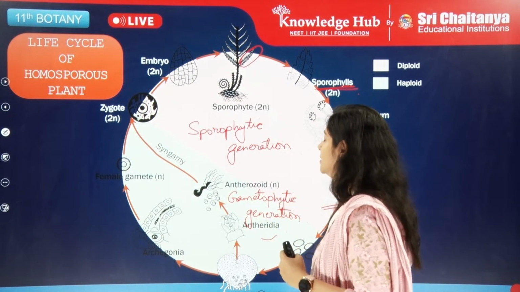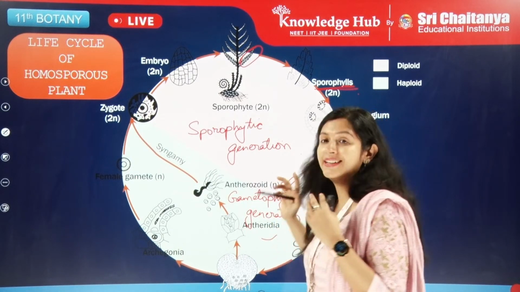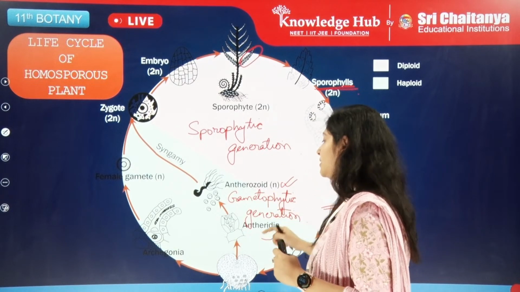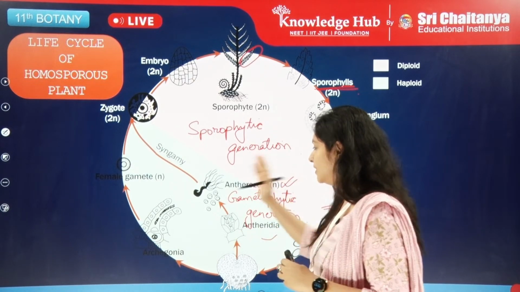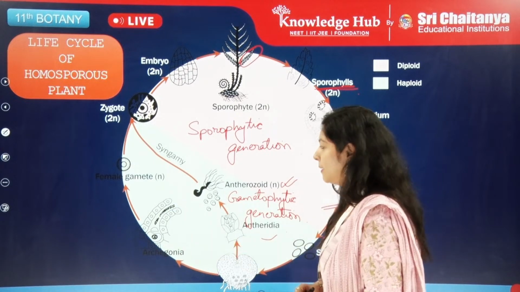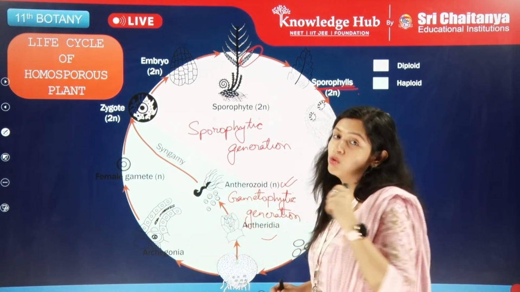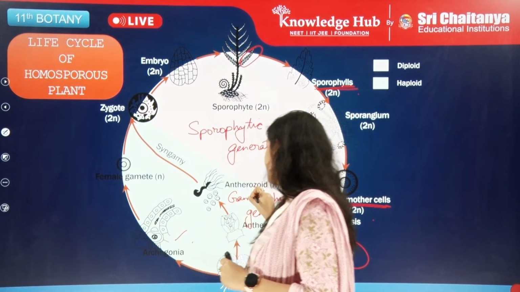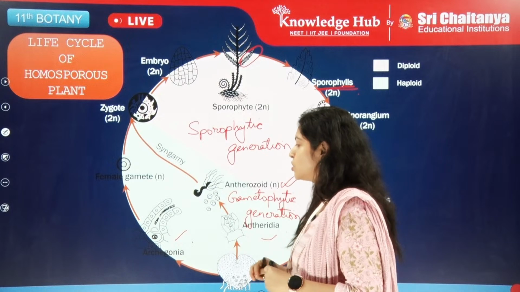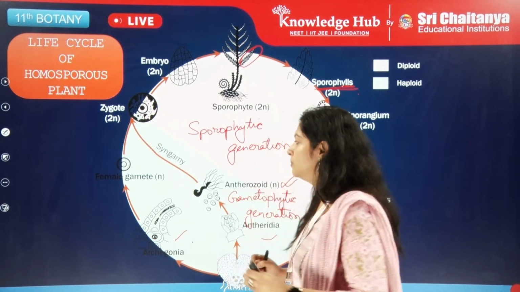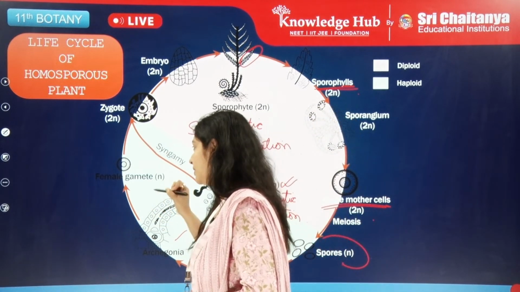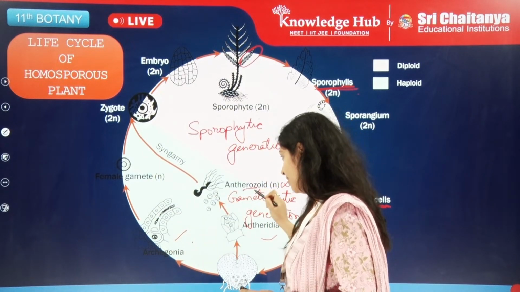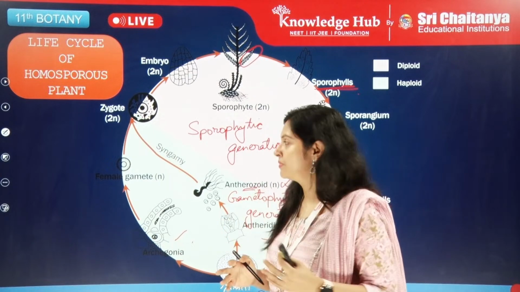The antheridia will have the antherozoid. The antherozoid is N. The other one, the female part, is the archegonia. The archegonia is a female part, antheridia is a male part. Archegonia will liberate the female gamete and antheridia will have the antherozoid, the male gamete.